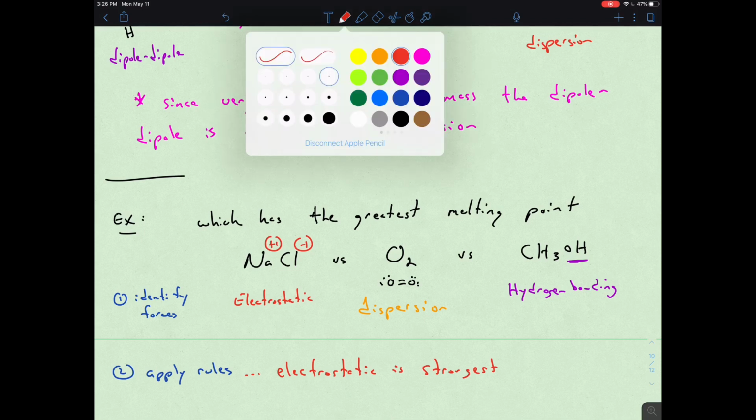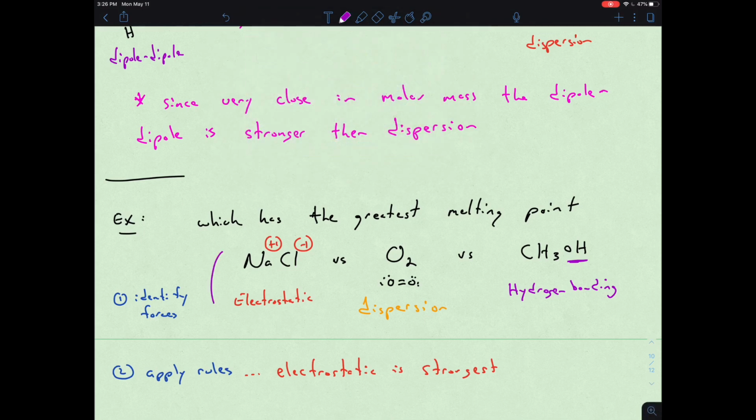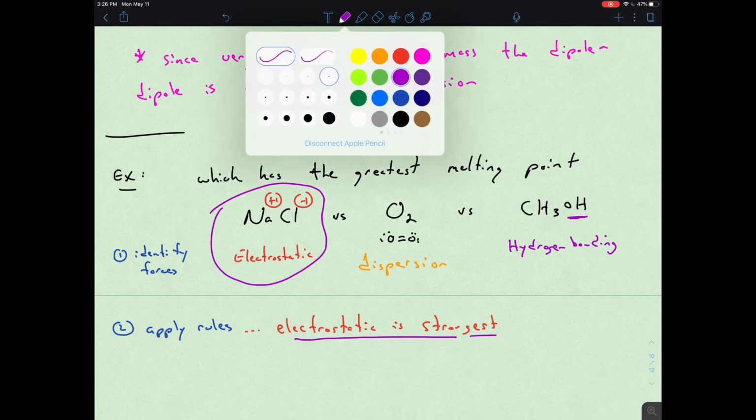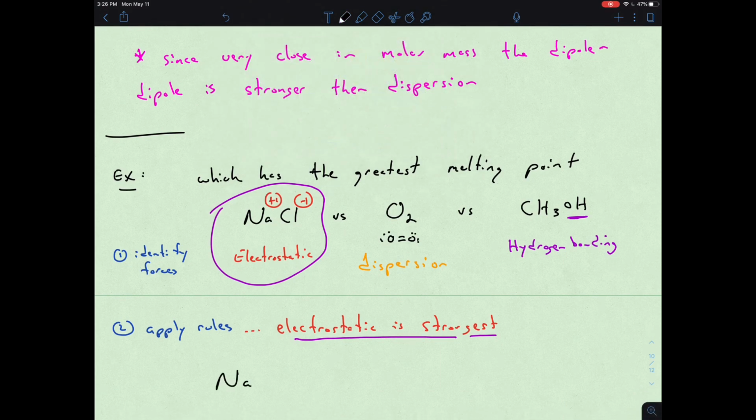And so that is our answer. Right, so that's the idea. We could actually rank these and say that sodium chloride would be the greatest, then methanol, then oxygen, in terms of melting point, because of these forces of attraction that we just discussed.